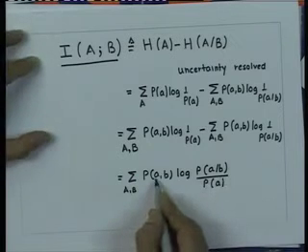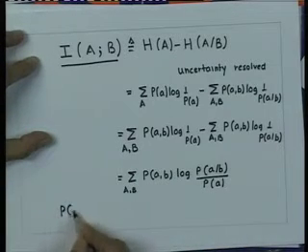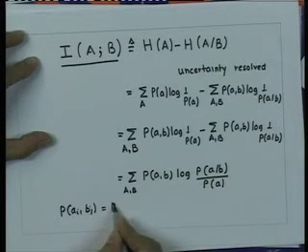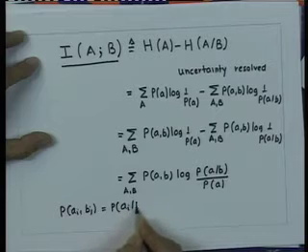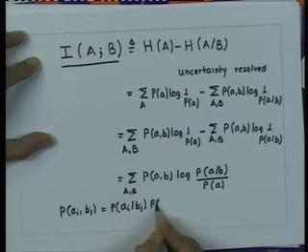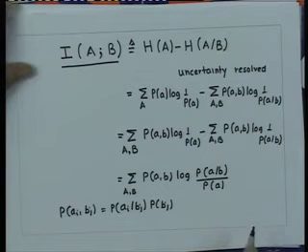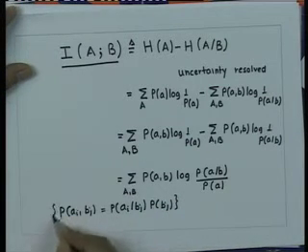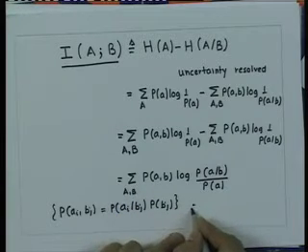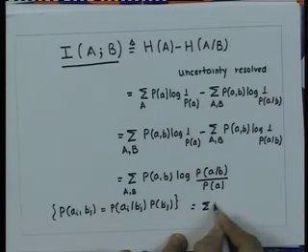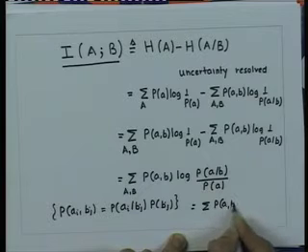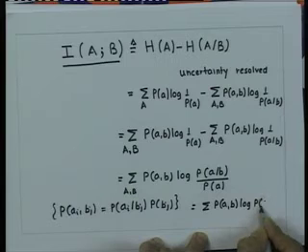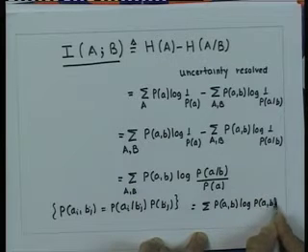Now, since probability of A_i B_j is equal to probability of A_i given B_j multiplied by probability of B_j, we can write this expression equal to probability of A B log of probability.